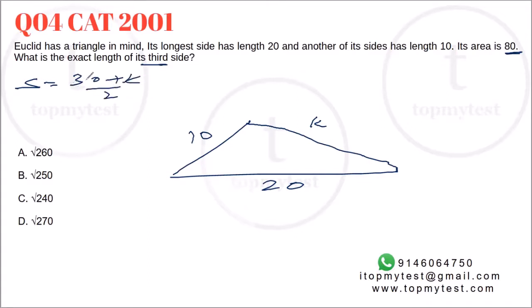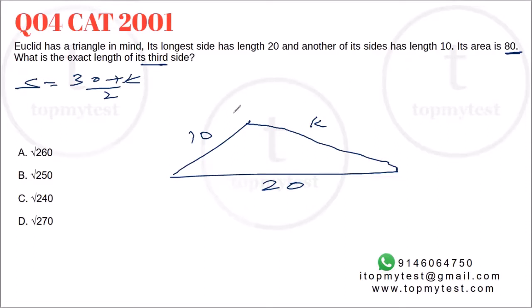And then you apply it into Heron's formula, square root of s into s minus 10 into s minus 20 into s minus k, and then try to resolve this. You cannot even use the options. It's going to be pretty painful. So the hero is actually not the hero here. The hero is actually your Pythagoras theorem here. Okay. Now, what do we know about the area of a triangle?